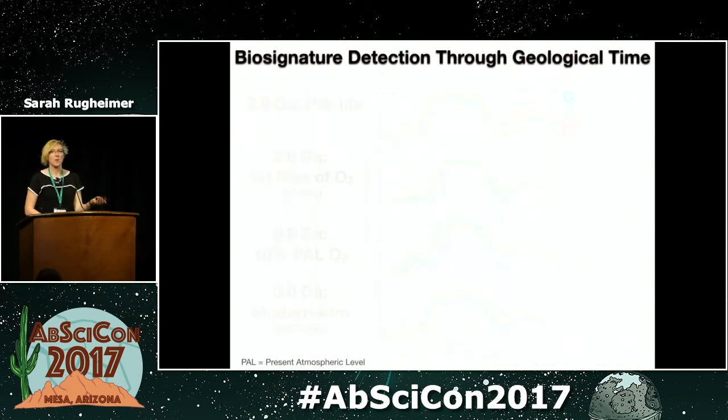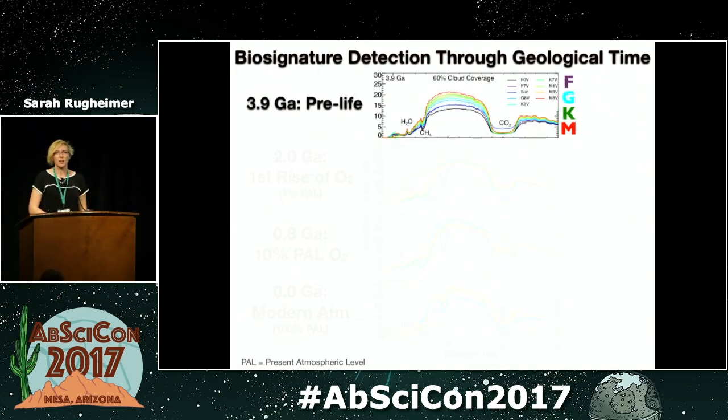And so the last thing I want to show you is looking at the biosignature detection through geological time. If we just pull out things in the IR, here, this is, again, the 3.9 gigayear or so pre-life phase IR spectra for different spectral types.